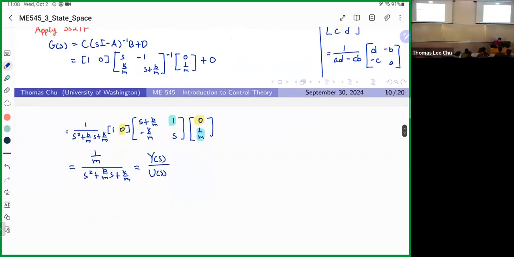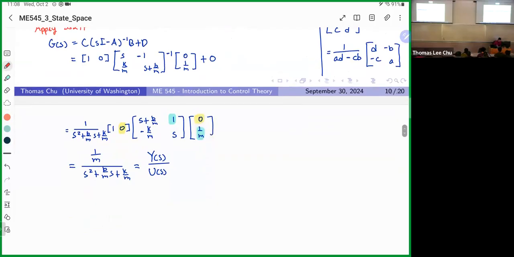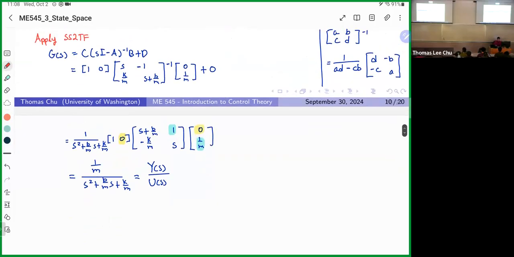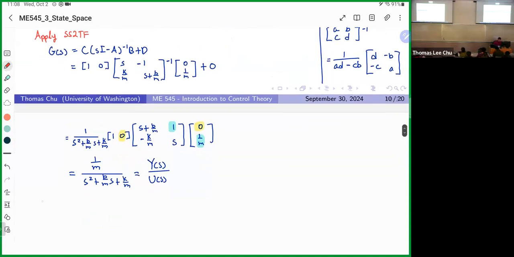Okay, so what I want to do next to kind of review Laplace transform is we're going to determine the output response now. Now that we have this equation, let's make everything 1.